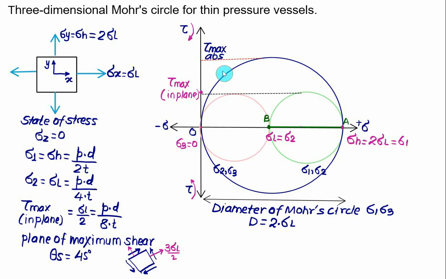That is the largest value among all the Mohr circles, and this value is equal to the radius of the Mohr circle, which is sigma L.